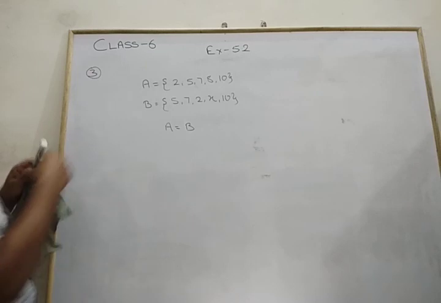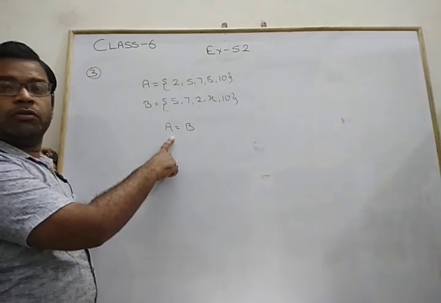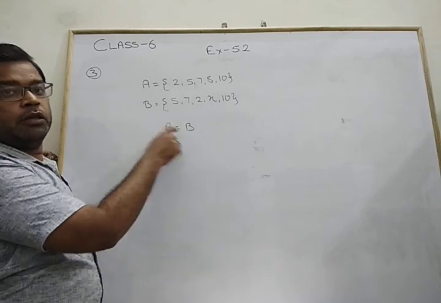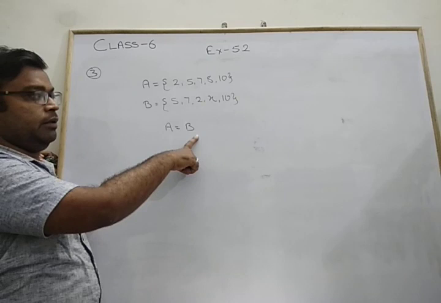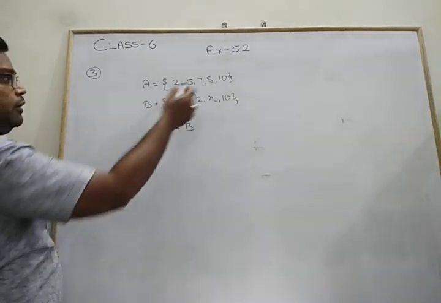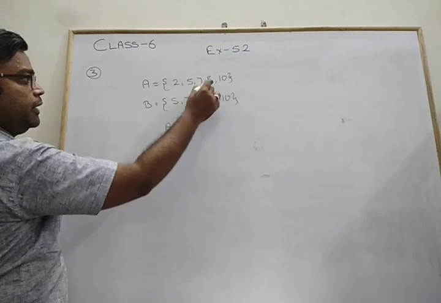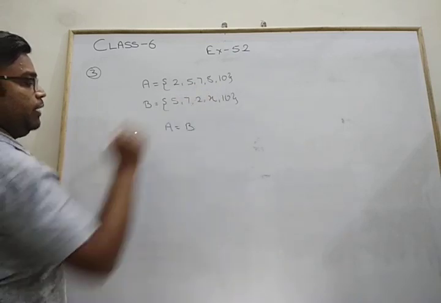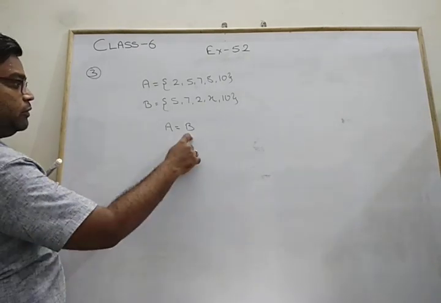We have the values of set A and set B, and it says set A equals set B. It means all the members of set A are the same as the members of B. We can see 2 is there, 5 there, 7 there, 10 there, but 8 is not there. In place of 8 we have x. So the question says to write the value of x.